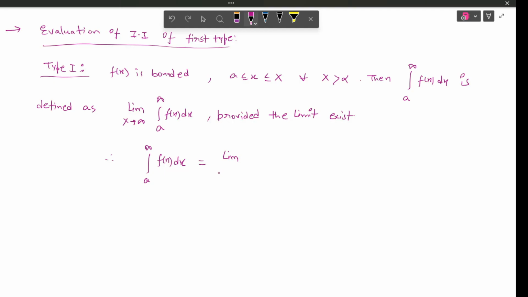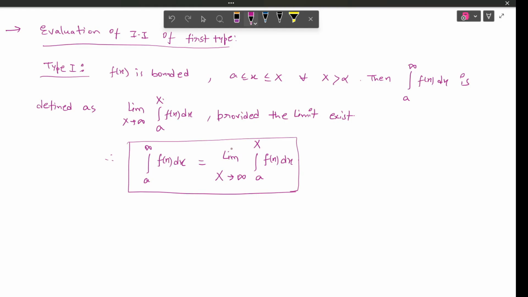So it is the limit as capital X tends to infinity of the integration from a to capital X of f(x) dx. That's how you have to solve the improper integral of the first type, where the upper limit is infinite.